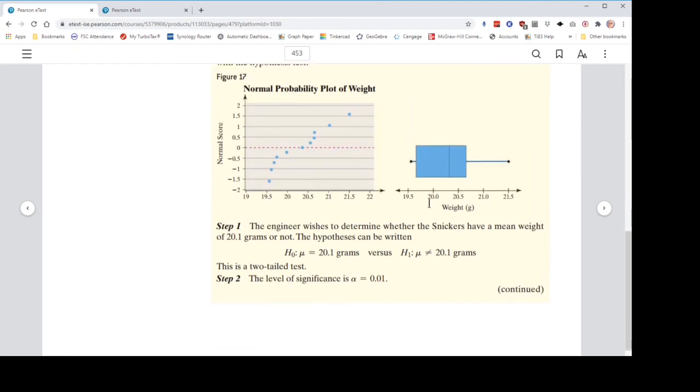If you want to see the rest, just to see how it works out, the rest of the test: the engineer wishes to determine whether Snickers bars have a mean weight of 20.1 grams or not. So that is a two-tailed test. Here are my null hypothesis and alternative hypothesis, and here is the level of significance.